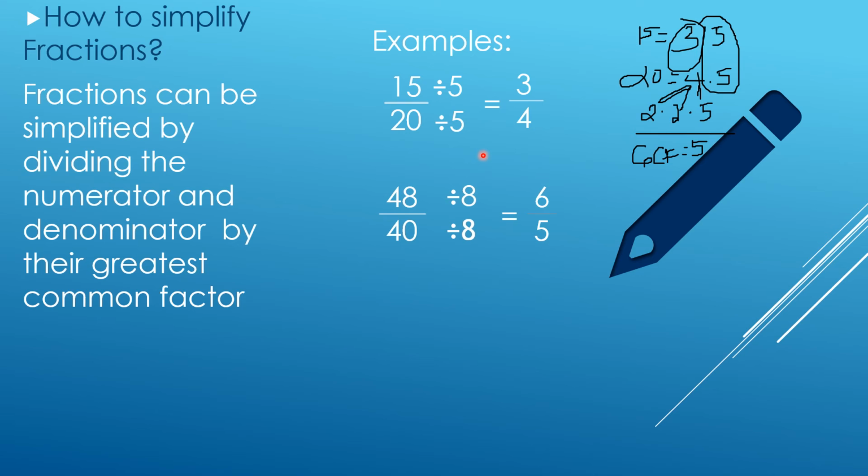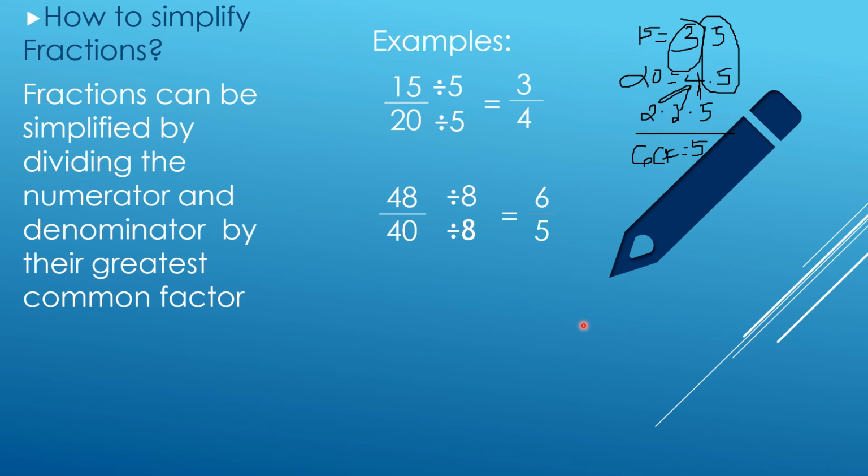Pwede kang mag-trial and error. Let's say, ang naisip mo muna ay 2. Kasi alam mo na even numbers pareho yung 48 and 40. Pag dinivide mo sila sa 2, ang sagot nun ay hindi pa magiging lowest term. Kailangan mo ulit i-divide. So, hanggang makarating ka sa simplest form.